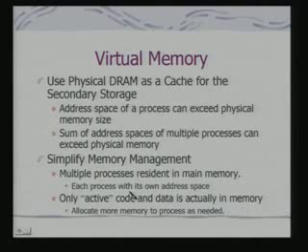Each process will have its own address space. A virtual memory system enables us to manage the processes, or programs in execution, in their own address space. Effectively, only active code and data is actually made resident in the main memory or DRAM. So you can actually allocate more memory to the process as needed.